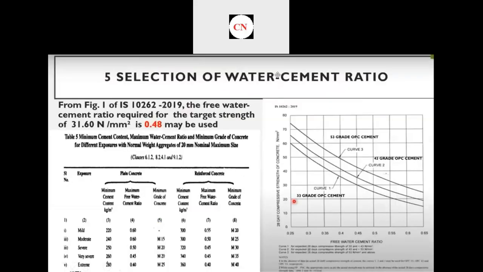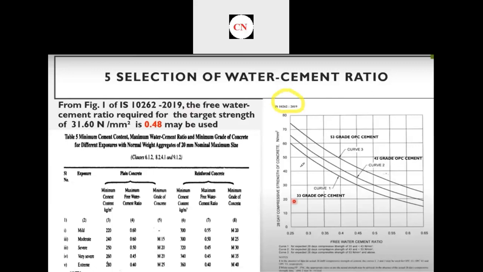Next is the selection of water cement ratio. Here we have two criteria. The first is based on the type of cement, we can select a particular water cement ratio. IS 10262:2019 allows you to select a particular water cement ratio based on the grade of cement.